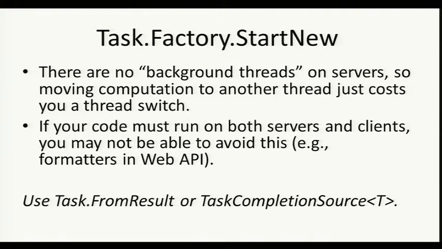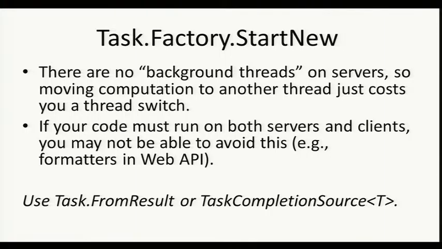So remember my diagram from earlier. The work items that are being used to process requests are just being dispatched straight to the CLR thread pool. Similarly, whenever you use ThreadPool.QueueUserWorkItem or Task.Factory.StartNew, you're queuing work items to that exact same CLR thread pool. There's only one CLR thread pool for the entire application.